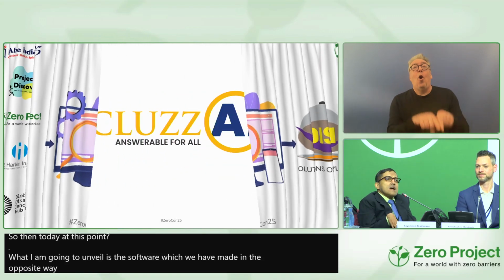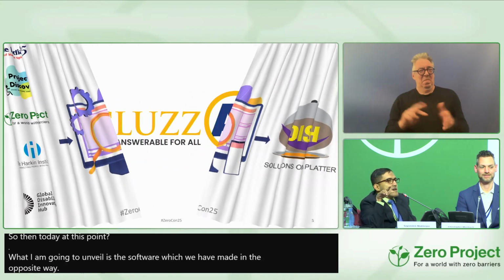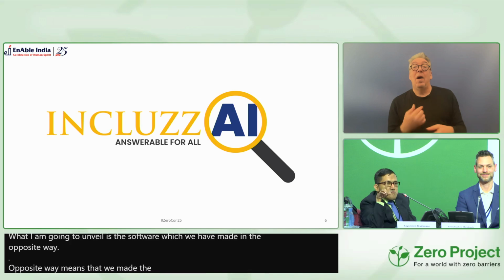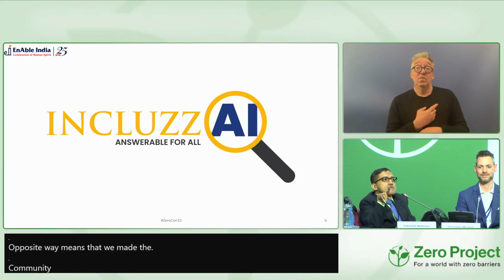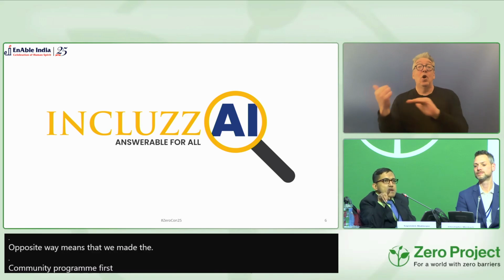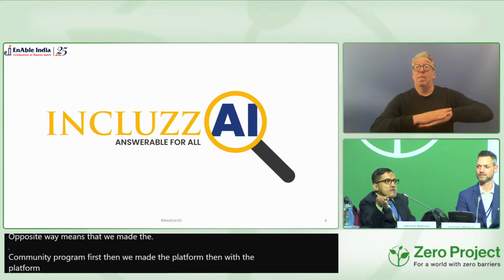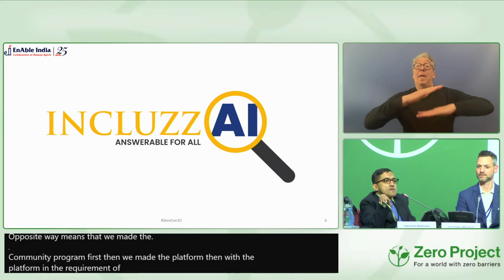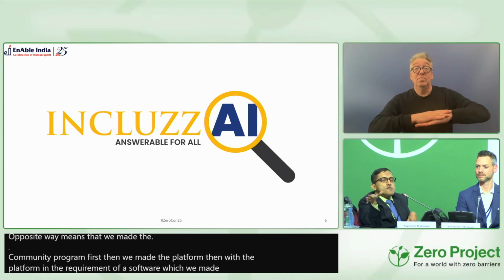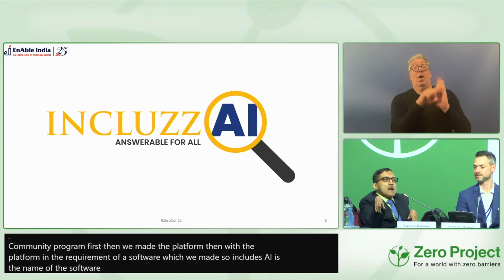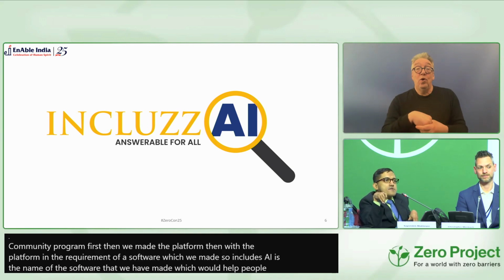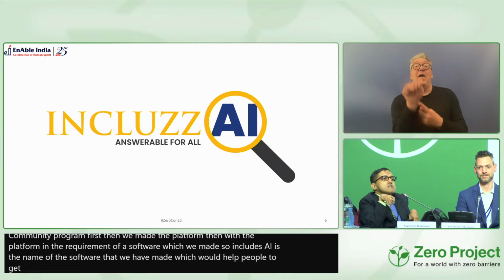Opposite way means that we made the community program first, then we made the platform, then with the platform came the requirement of a software which we made. So Includes AI is the name of the software that we have made, which would help people to get the opportunity to search.